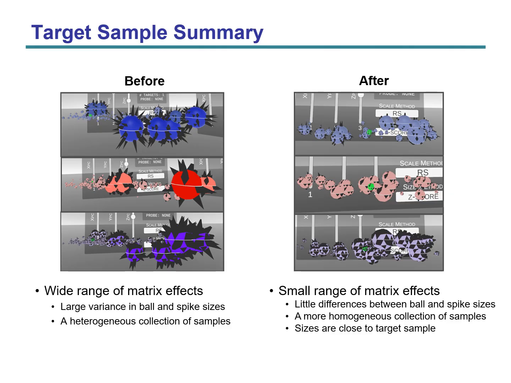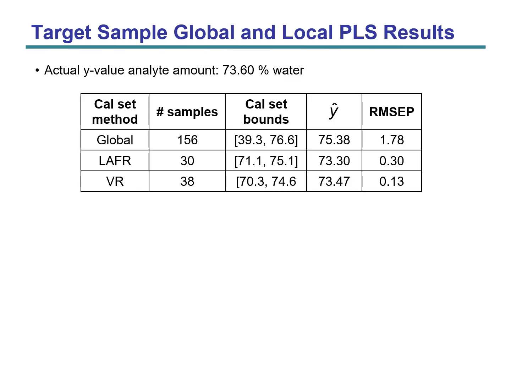And then we build our model and predict with that final calibration set. This is how we did for this target sample that was in the video. And you can see the global, or the library, was 156 samples, quite a large range in the Y values, and our prediction error is the greatest.